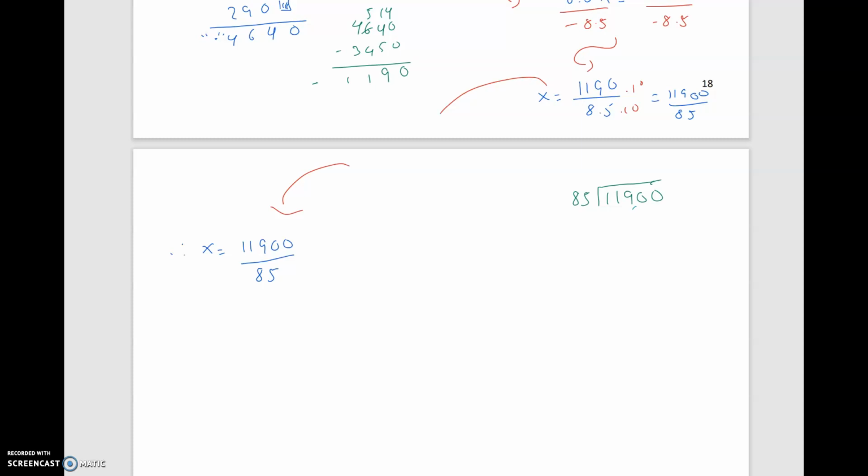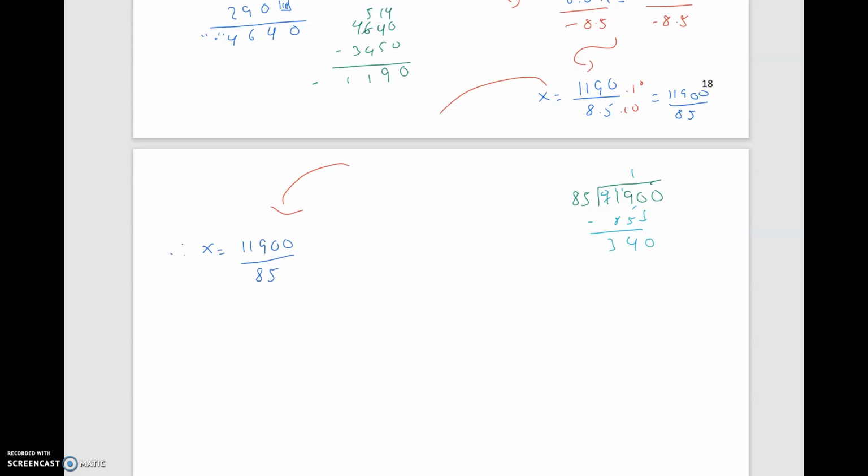So I'm looking at, well, 85 fits into 119 once. So let me just multiply it. So that's going to be an 85. In the subtraction, you're going to get a 4. This is not a 0. That's 11. And that's going to give us a 3. And then we're going to have to drop a 0.